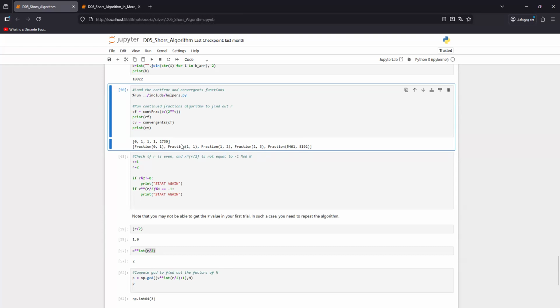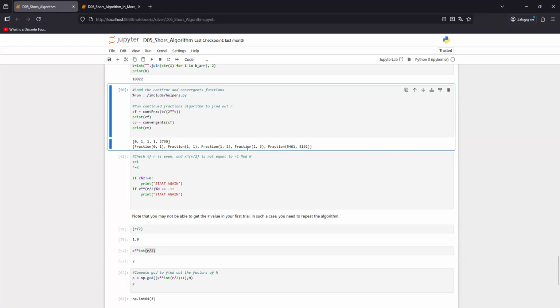The further to the right I go here, you can see there are bigger numbers, but this also means that the approximation of the true quantum phase is more accurate. And as I chose only this 1 divided by 2, this estimation wasn't very accurate.